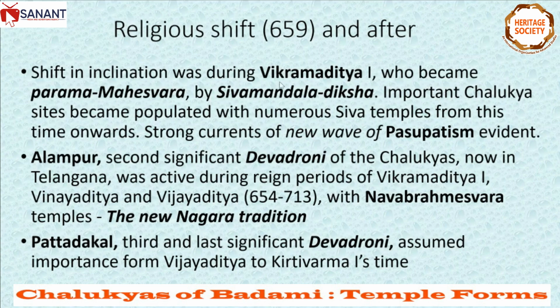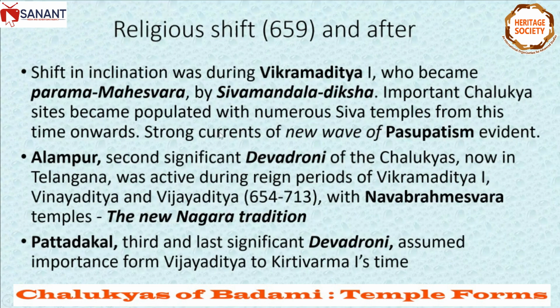And having been initiated into the religion, they assumed the title Parama Maheshwara, in contrast to Parama Bhagavata, which we notice in the case of Mangalesha, for instance. Okay. So Vikramaditya first becomes a Parama Maheshwara, that means a Pashupata Shaiva, by a religious initiation, as we know, and that happens in 659, which is 5 years after he came to the throne.